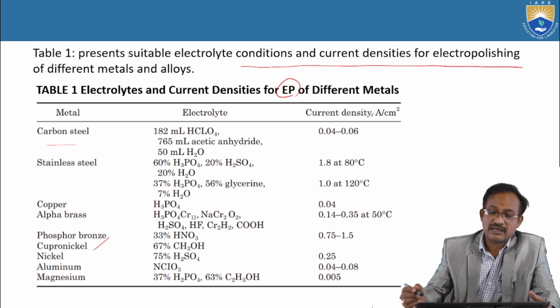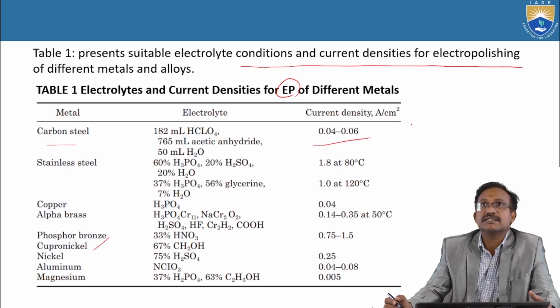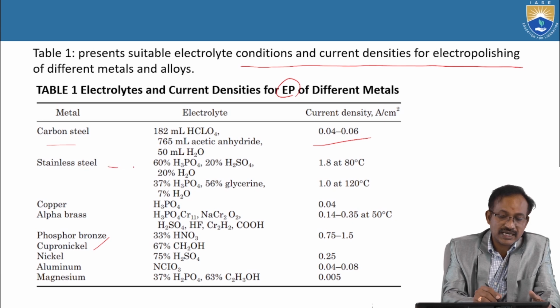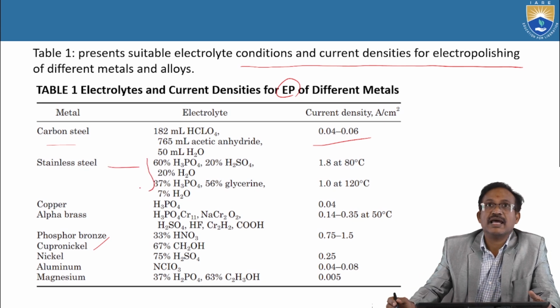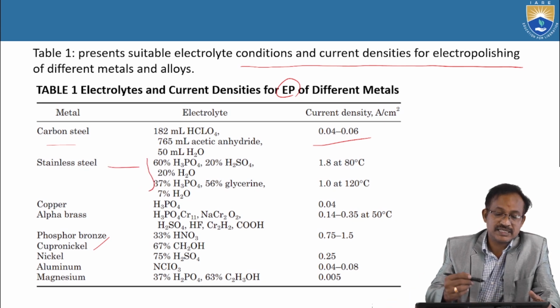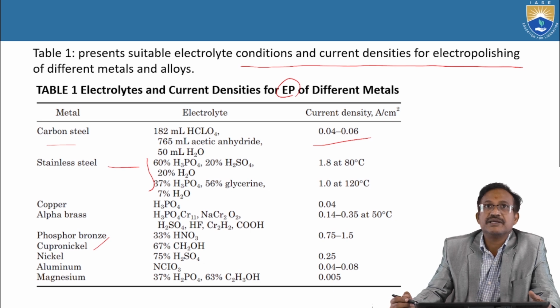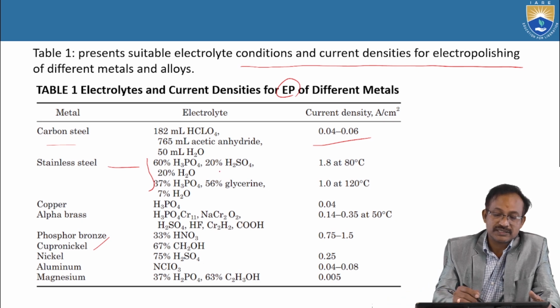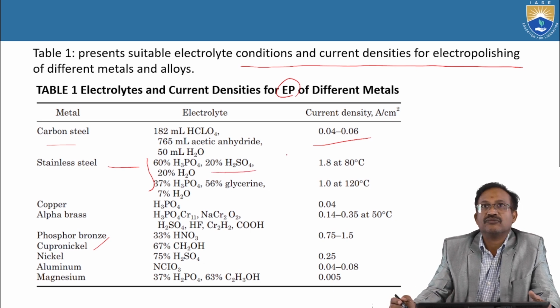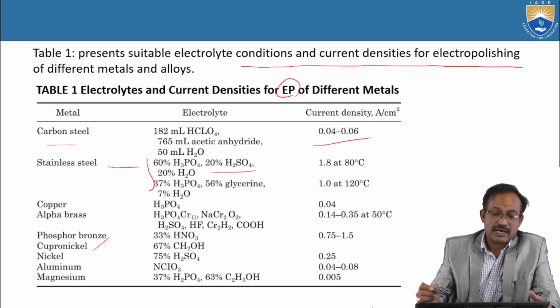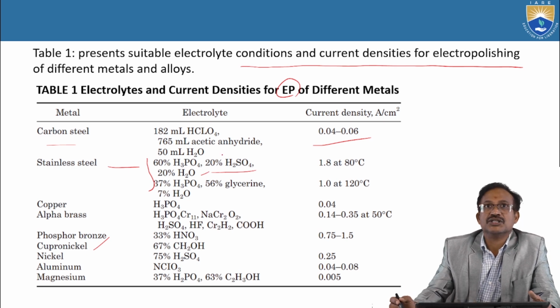The current density is 0.04 to 0.06 amperes per square centimeter. For stainless steel, the electrolyte composition is 60% H3PO4, 20% H2SO4, and 20% H2O.